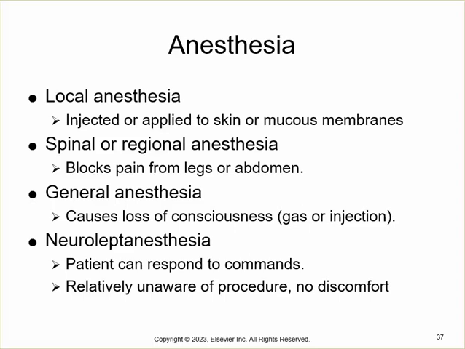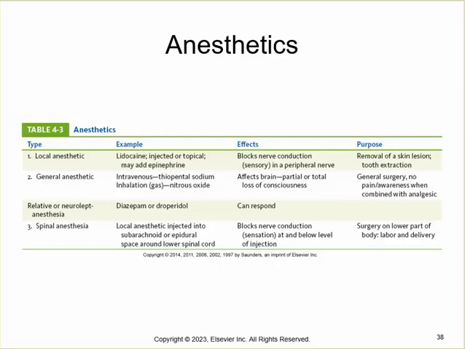Spinal blocks, general anesthesia makes sense, right? So here's the local anesthetics, the general anesthetics. Spinal anesthesia is the epidurals that they give during childbirth, which block nerve conduction below the level of the injection. Right?